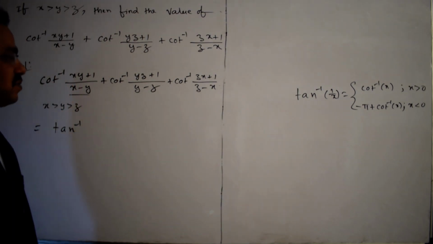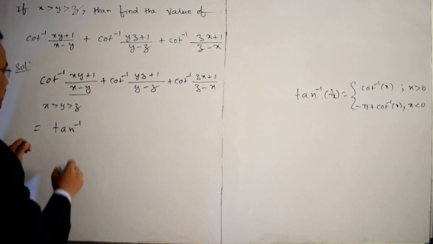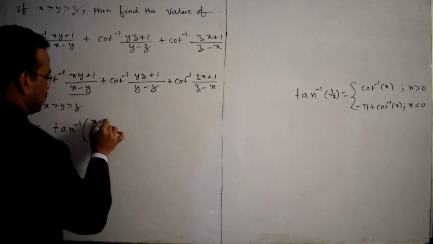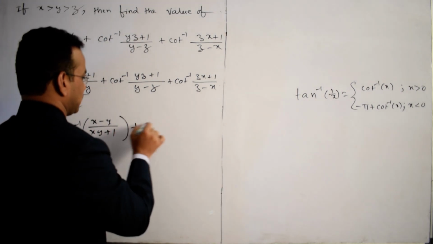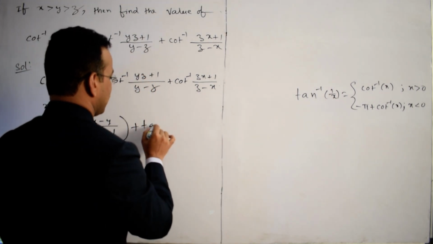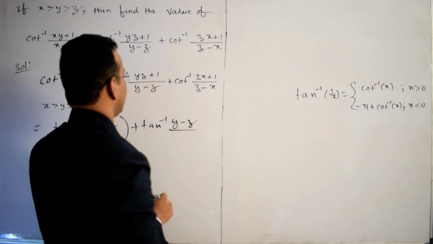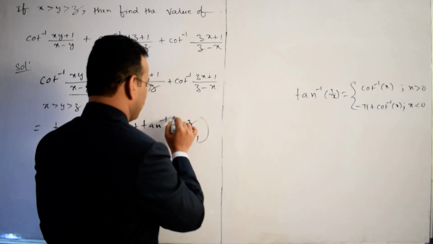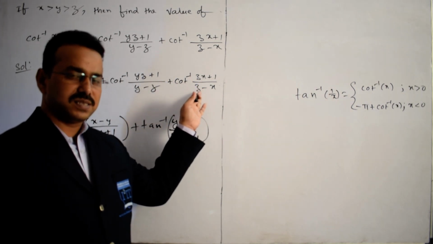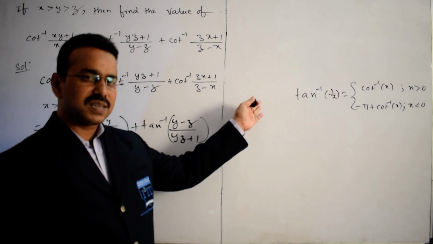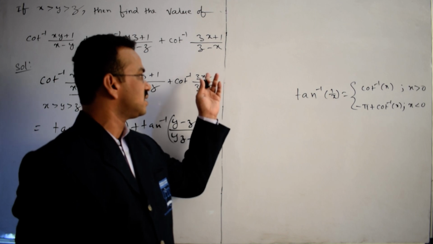Here x is (xy + 1)/(x - y), but I want 1/x, so you have to take the reciprocal of this fraction, that is (x - y)/(xy + 1). Plus the second term, you can easily write tan inverse of (y - z)/(yz + 1). But for the third term you have to adopt the second result, so minus pi plus cot inverse of x means tan inverse of (z - x)/(zx + 1).